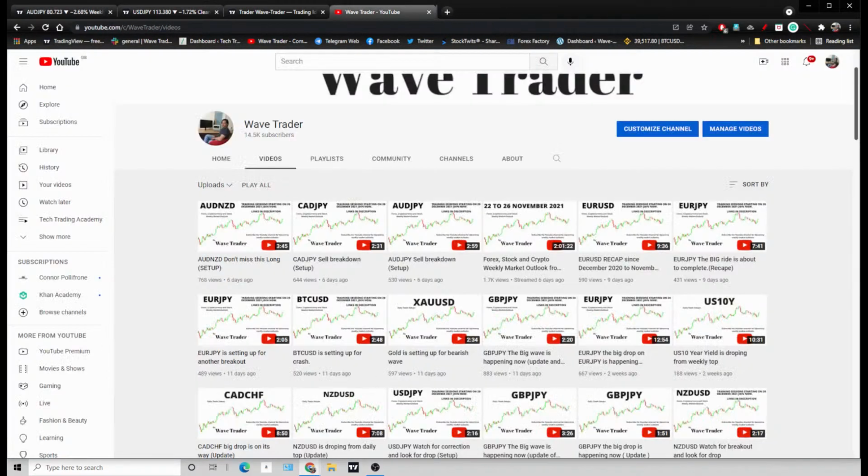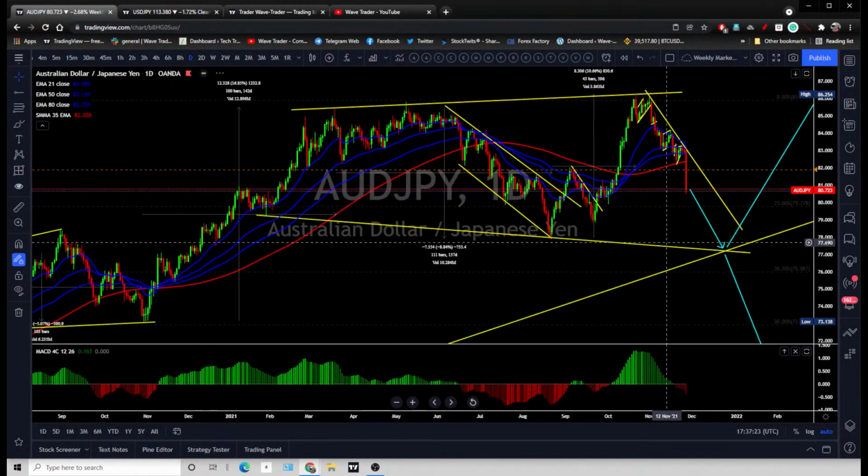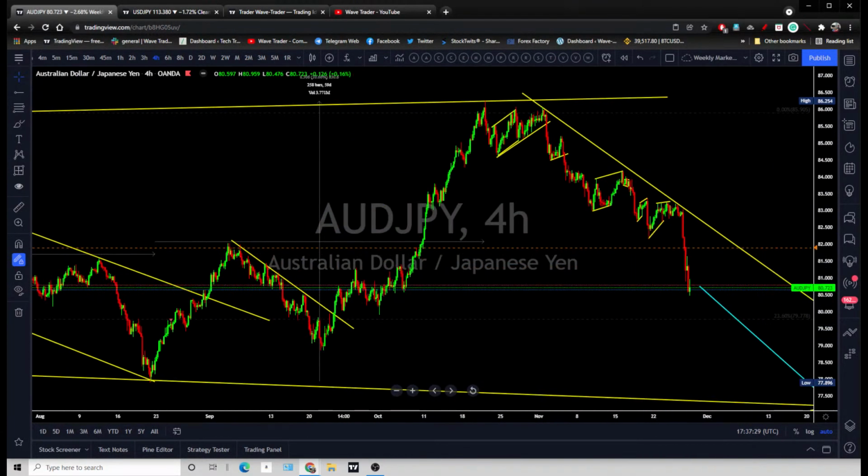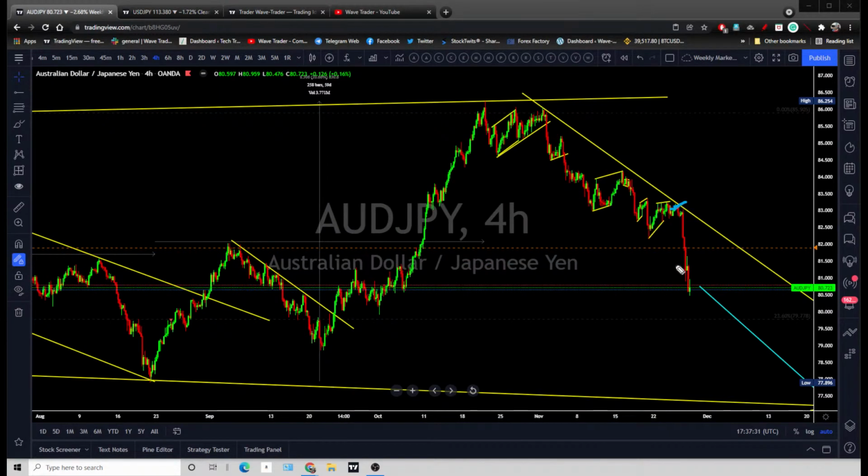All right, so what to do next? Potential is still there. The analysis is very simple. Like the other Aussie Yen pairs, if you already caught that trade from that top, you are not waiting for this to happen. You are looking for this to continue, to keep pushing more lower. That's your target. And if you are not in, then you shouldn't chase that.